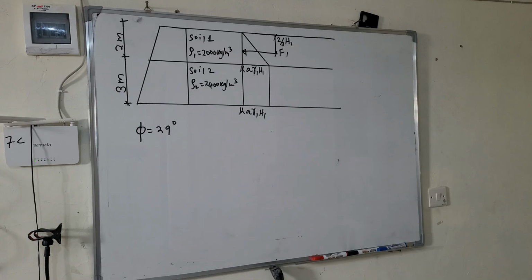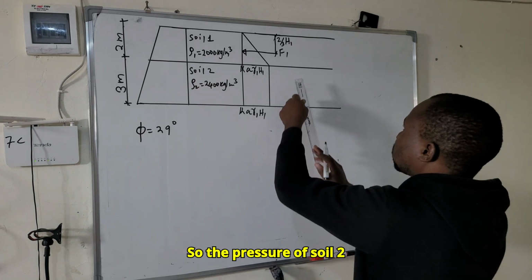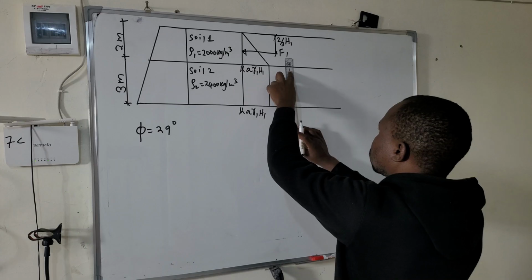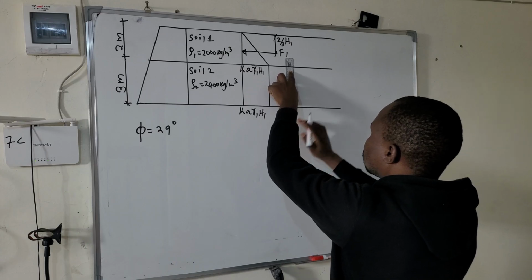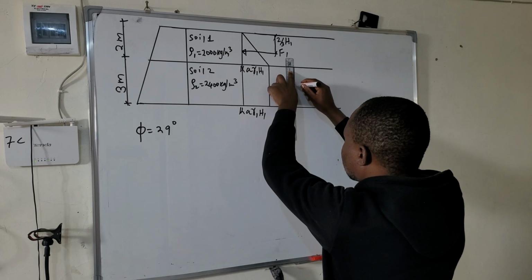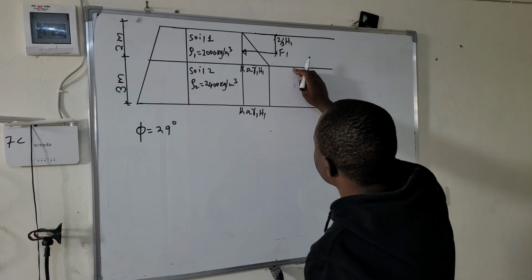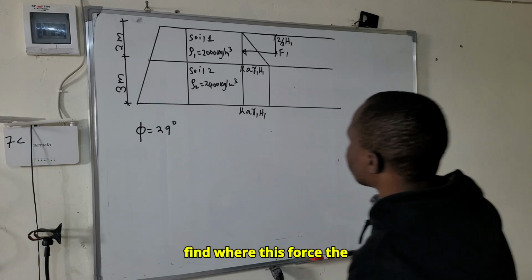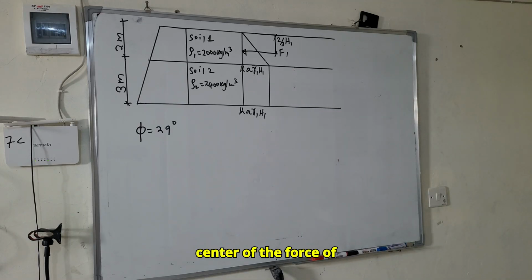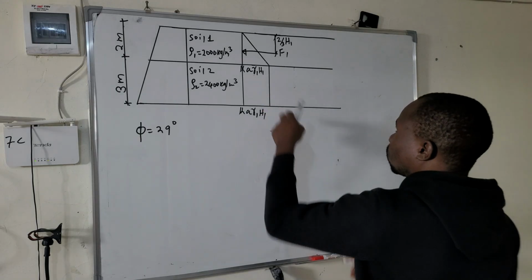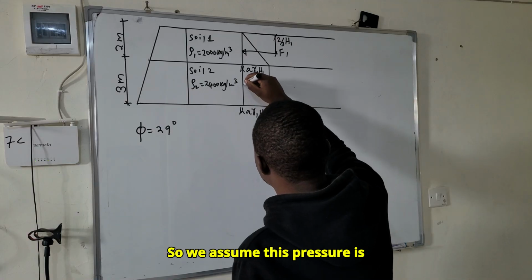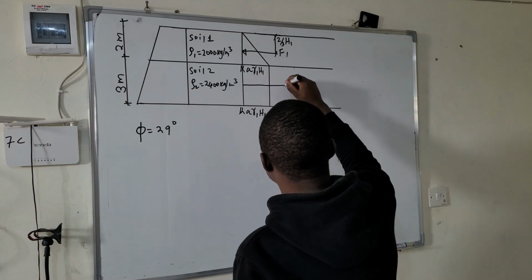After drawing the pressure of soil 1, we proceed to the pressure of soil 2. But before you proceed to the pressure of soil 2, let's find the center of the force of pressure number 2. We assume this pressure is acting at that point.